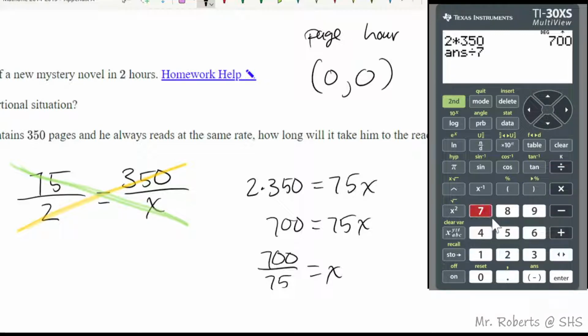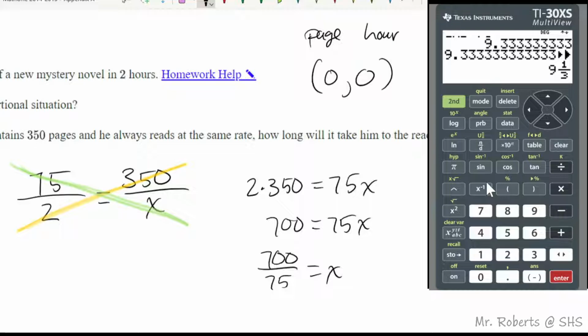700 divided by 75. In this case, this is probably a time when I would not like to leave my answer as an improper fraction or a mixed number. Either way is okay.